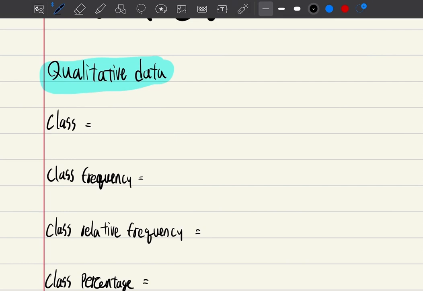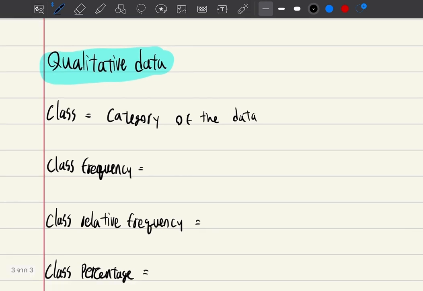Because in qualitative data, we cannot measure it on a numerical scale, so we can classify it as categories. So class is a category of the data.